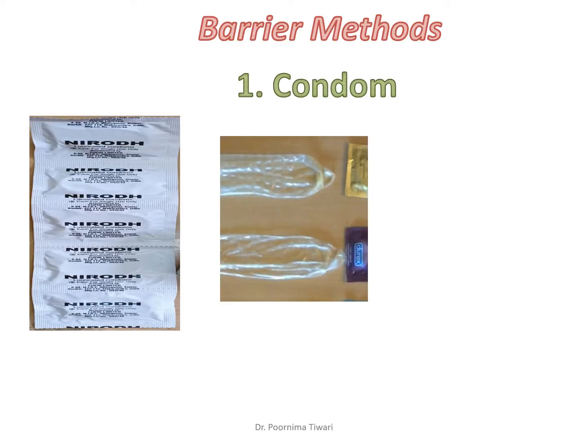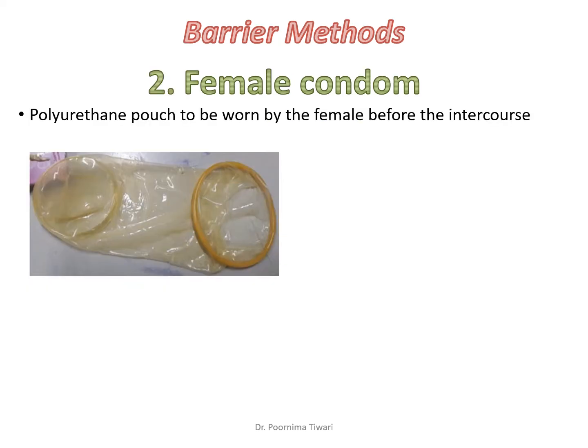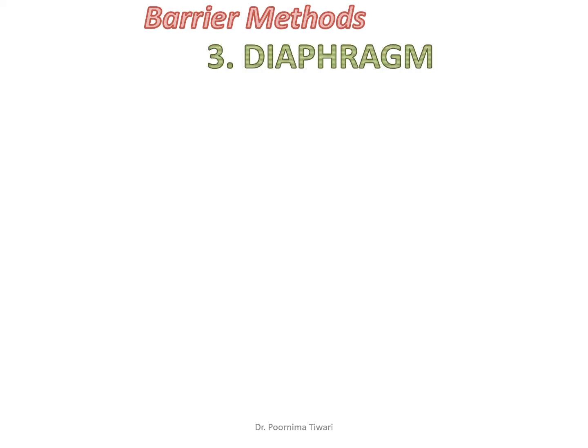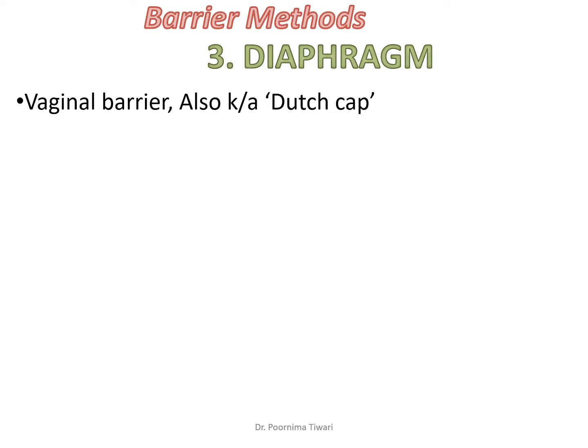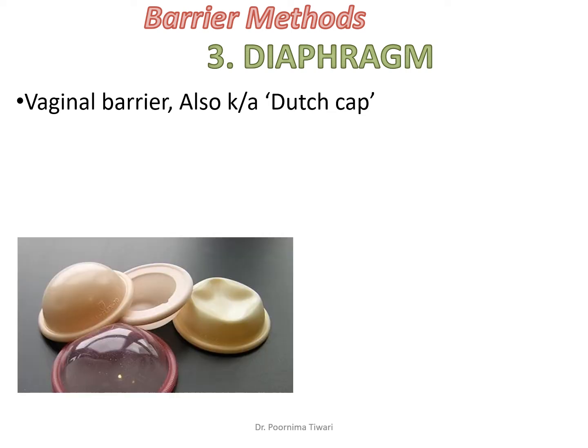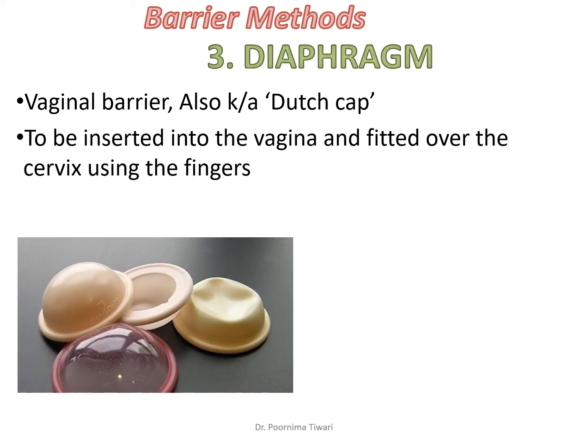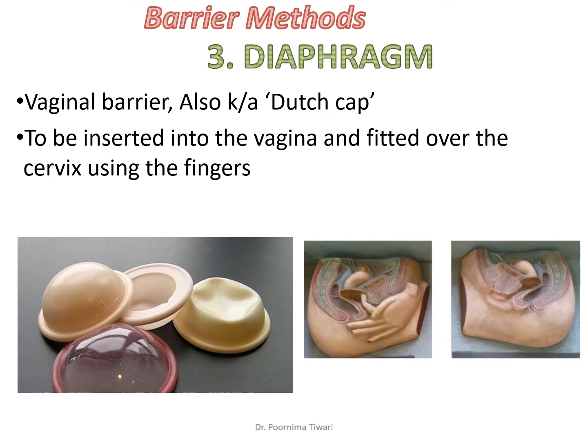Barrier methods: condom, female condom, it's a polyurethane pouch to be worn by the female before the intercourse. Diaphragm, also known as Dutch cap, it's a vaginal barrier. It is to be inserted into the vagina and to be fitted over the cervical opening using the fingers like this.